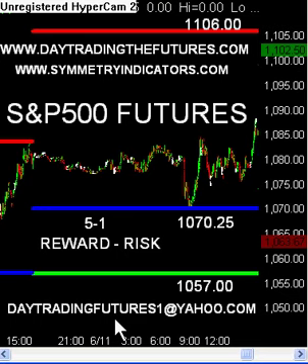I have found the formula where the institutions and the hedge funds trade at certain levels in the market daily. I have monthly resistance, weekly resistance, and daily resistance that these institutions and hedge funds will really come off hard, and it gives us traders the opportunity to get in at these levels with a huge reward to risk ratio. I know the exact levels they look at every single day.